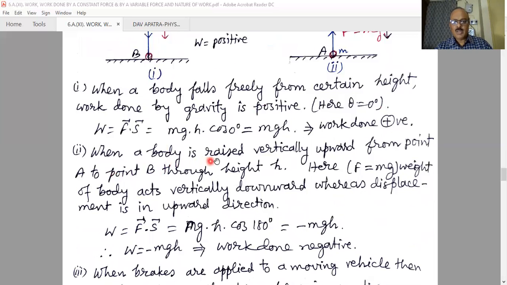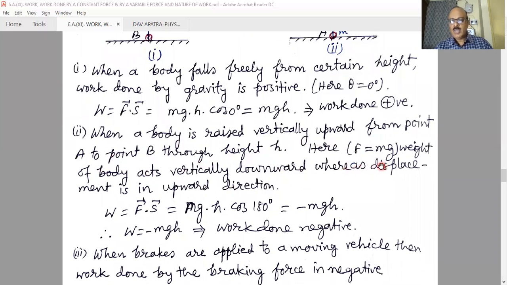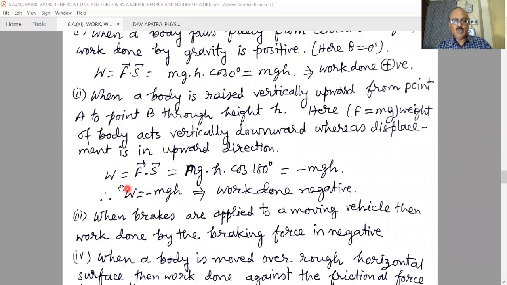But when a body is raised vertically upward from point A to point B through height h, here F equal to mg, that is the weight of the body, acts vertically downwards, whereas displacement is in the upward direction. Therefore, W is equal to F dot S, mgh cos 180 degree, that is minus mgh.